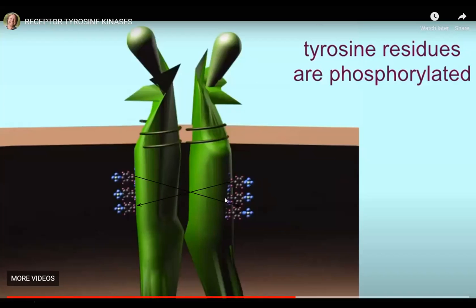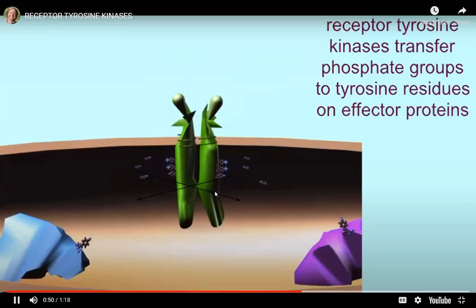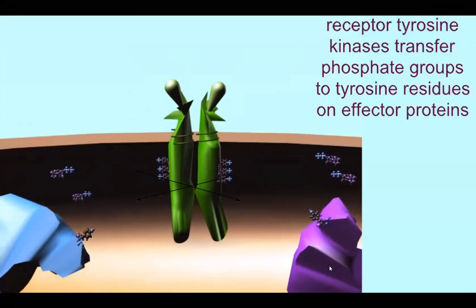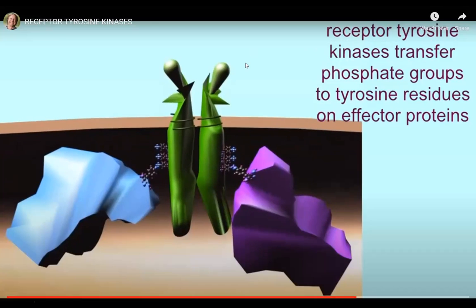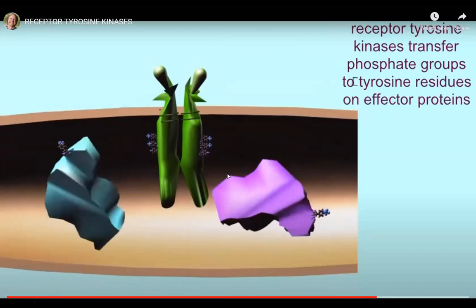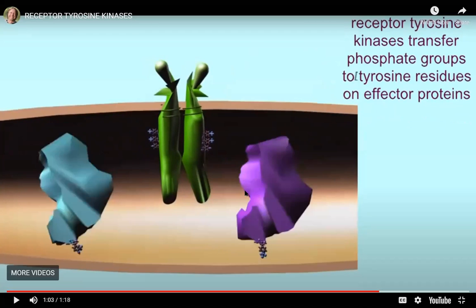So let us look firstly at this animation. These phosphates can then in turn be donated to effector proteins for their tyrosine amino acid residues, and this then activates the effector proteins. This will be activating certain other different categories of proteins. Those proteins which are being activated upon the activation of these receptor tyrosine kinases are called the effector proteins.